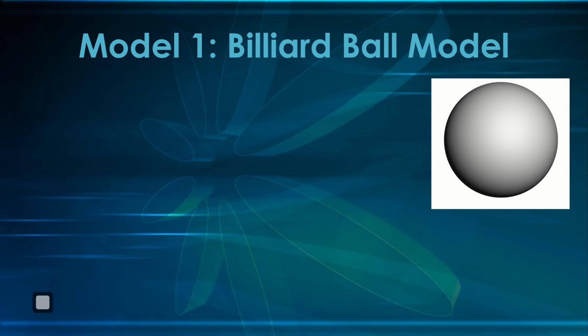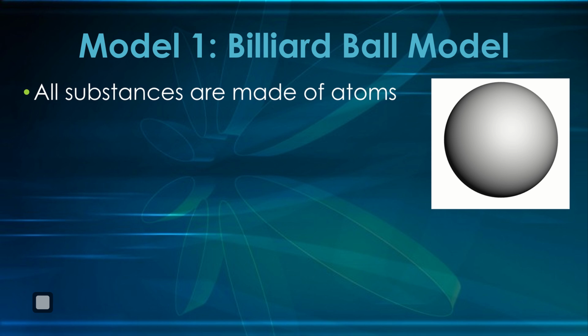I want you to think of an 8-ball or a cue ball. What Democritus proposed is that all substances are made up of very, very tiny particles, which he called atomos, but obviously we changed that to atoms.